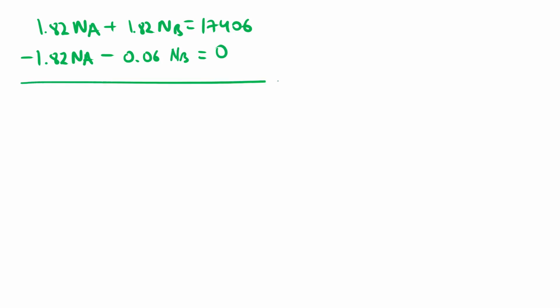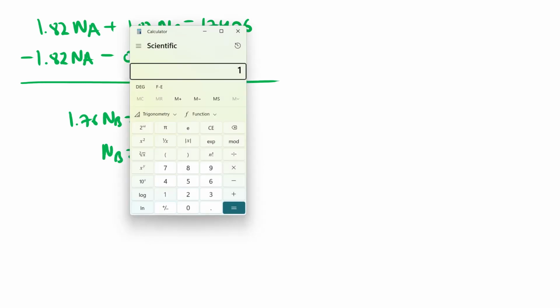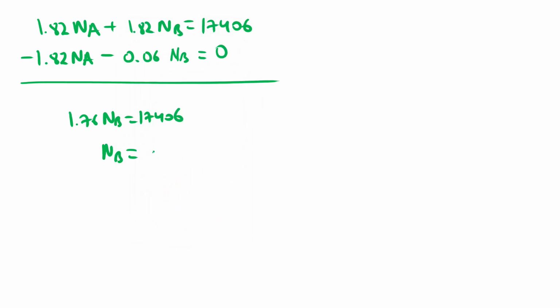And then if you sum, you will have 1.76 n of b equal to 17406. From here n of b will be 17406 divided by 1.76, that is 9890. Okay, that's n of b.